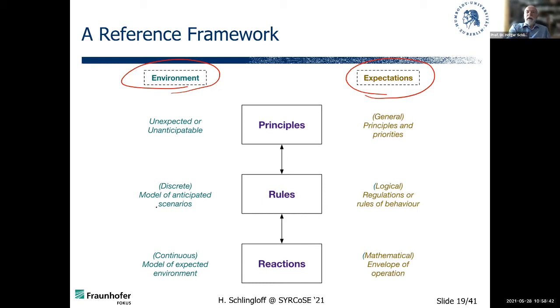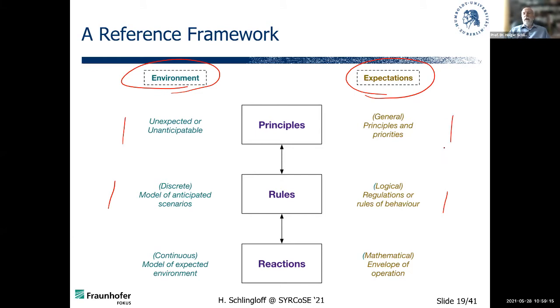So we have anticipated scenarios, and we want the layer to follow the rules and the regulations. And then, of course, there is the principles layer, which should come into play when something unexpected comes about. So there's unexpected or unanticipatable behavior of the environment, and we need general principles and priorities which the system has to follow in this respect.